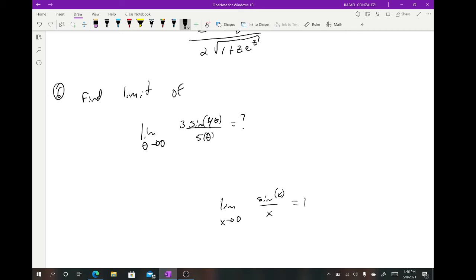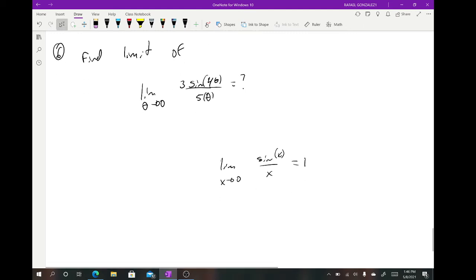If you don't remember, that's okay. I do suggest that you review this, and this is a special limit. And again, this special limit, you can show it by using the squeeze theorem. There's another special limit, and that is the limit as x goes to 0 of cosine of x over x, and that one is equal to 0.